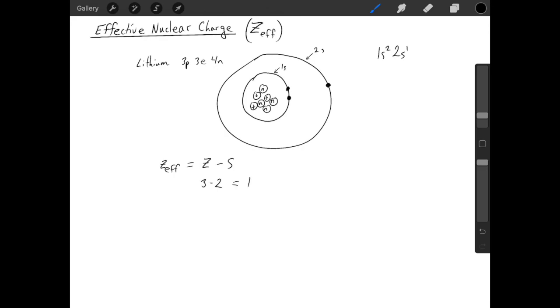And we don't have to draw these diagrams to work out effective nuclear charge. We can use the information from the periodic table and electron configurations. One easy way to do it is write the number of protons in an atom and then draw the electron configuration next to it. And we can do something similar with beryllium.